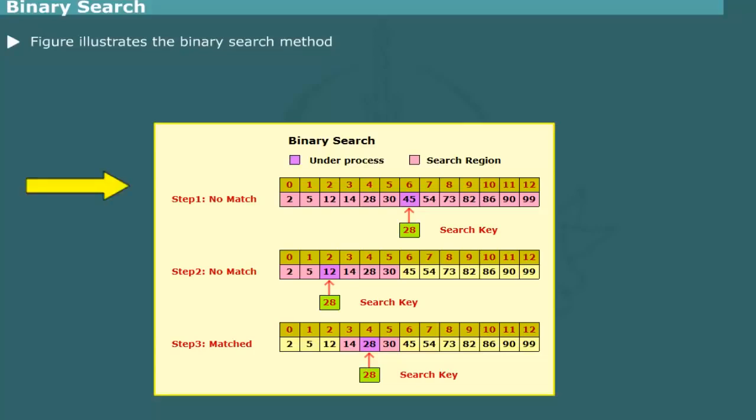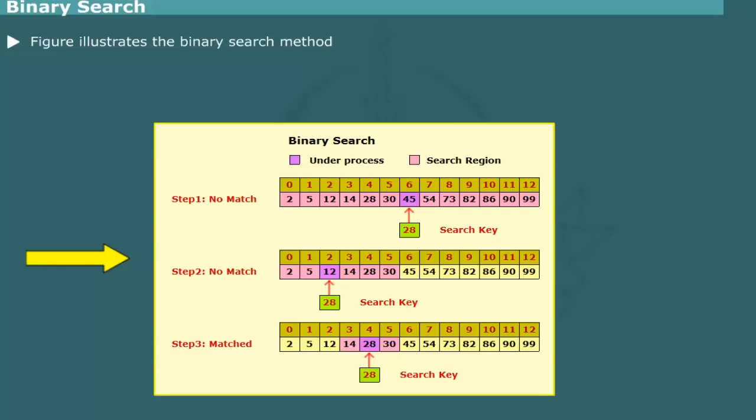The element 28 to be searched is first compared with the middle element. The index of the middle element is (0 + 12) / 2 = 6. Thus, 28 is compared with 45. Since 45 is larger than 28, the search is now restricted to elements 0 through 5.